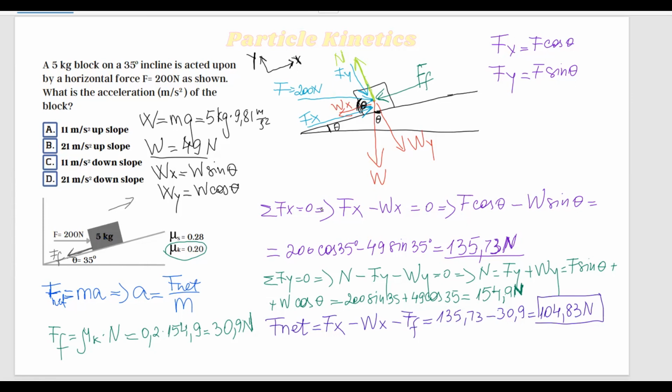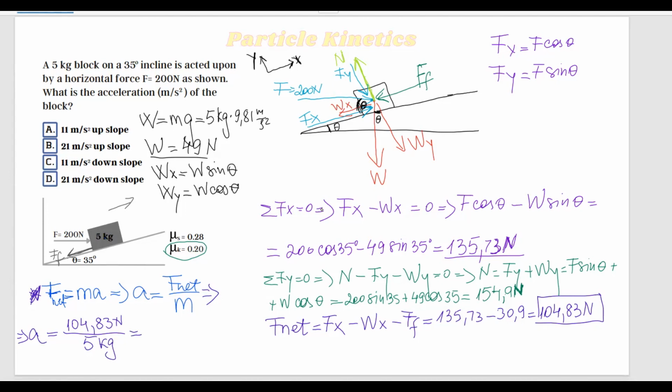Now that we know the net force, we can come back to our initial formula and calculate for acceleration. I'm going to come here and just delete this part. I'm going to say acceleration equals 104.83 newtons divided by the mass, 5 kilograms.